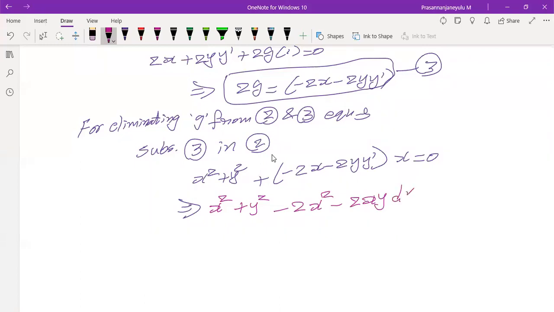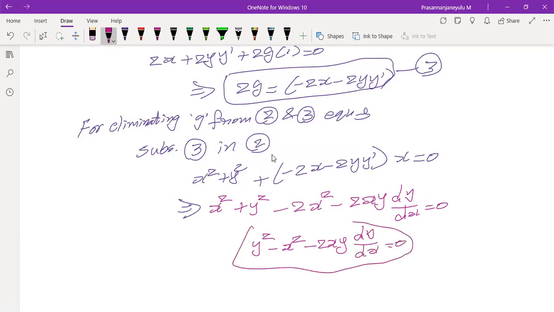I am writing y dash as dy by dx. With some simplification, finally we get y square minus x square minus 2xy into dy by dx equals 0. This is the required differential equation of the given family of circles.